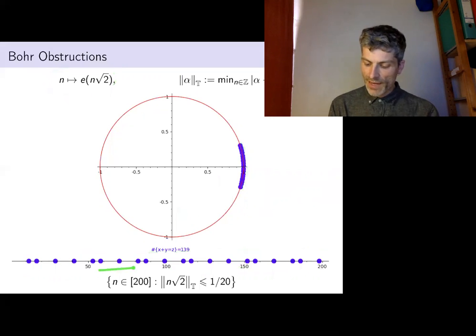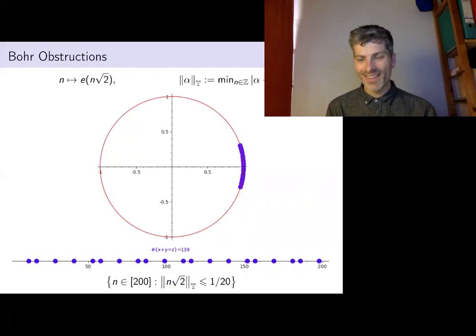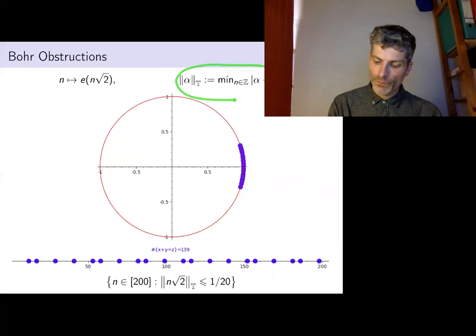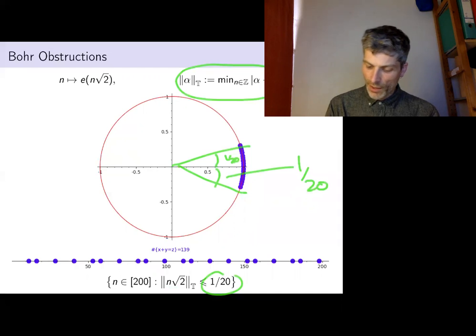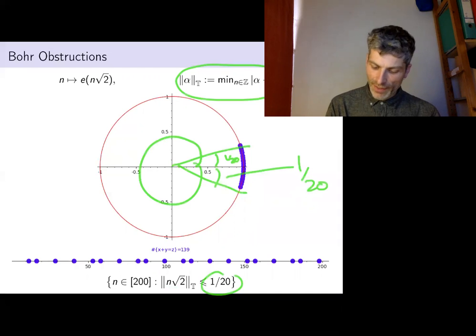So one way of writing this down is, it's a set of integers n such that when you multiply the integer n by root 2 and reduce mod 1, the distance to the nearest integer is at most 1 over 20. So what that's saying is this angle here is 1 over 20, and the angle here is 1 over 20, where we're measuring a full rotation as having an angle of 1.